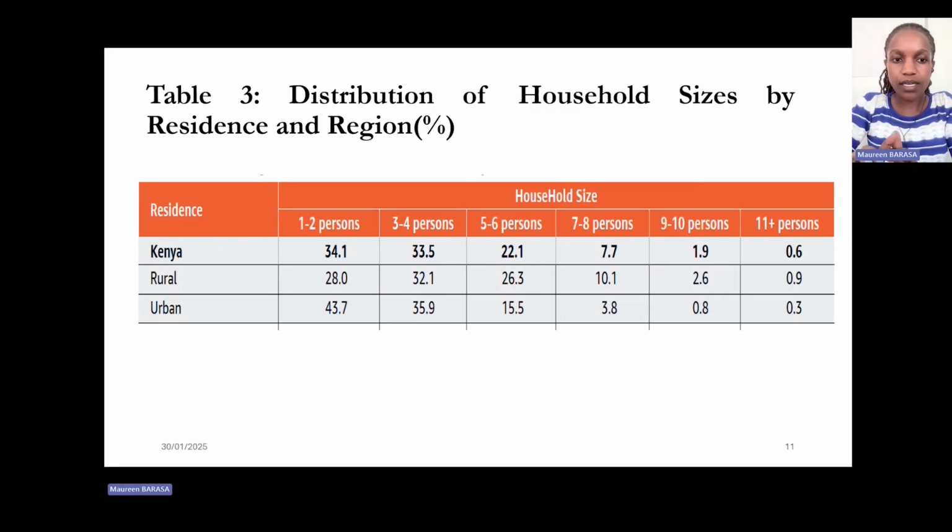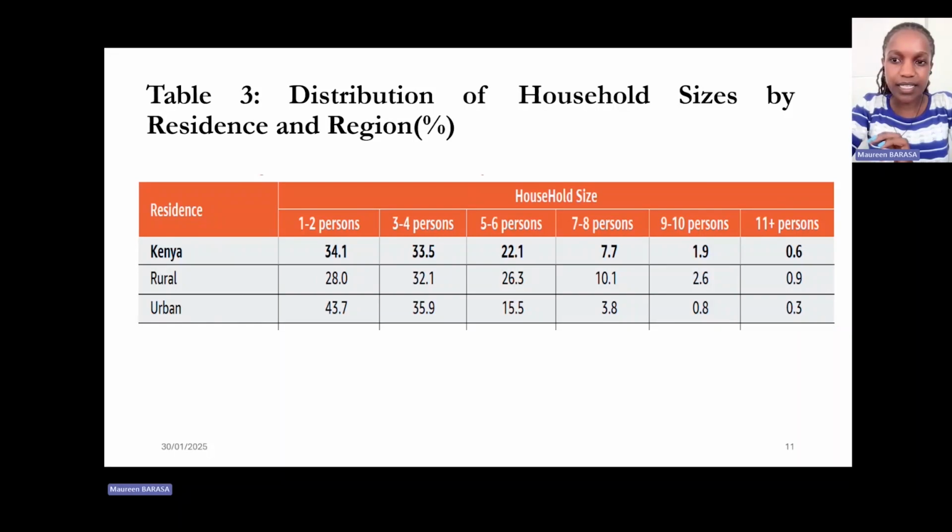For this, it's across three different residences: Kenya, then rural areas and urban areas. The household size is categorized as 1 to 2 people, 3 to 4 persons, 5 to 6 persons, 7 to 8 persons, 9 to 10 persons, and households that have more than 11 people. If we look at Kenya, the mode appears as 1 to 2 people.